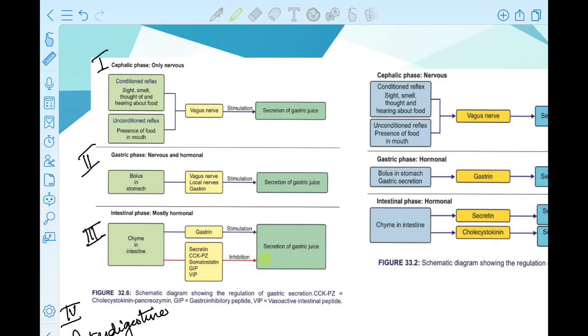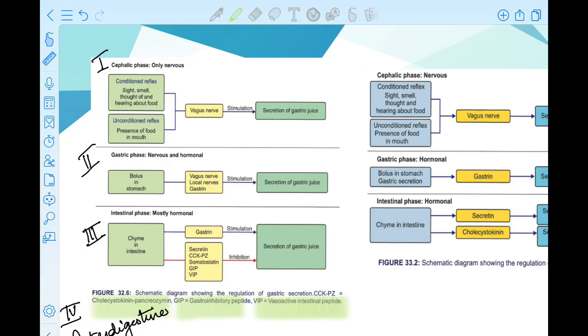But there are certain inhibitory ones like secretin, CCK, the short form of cholecystokinin-pancreozymin. Then we also have others like GIP, that is gastric inhibitory polypeptide, then VIP, vasoactive intestinal polypeptide. VIP, I already told you about in salivary secretion, right? So that leads to inhibition. So there is no secretion of gastric juice. Okay, so that is the intestinal phase.